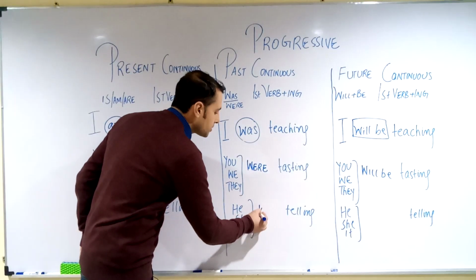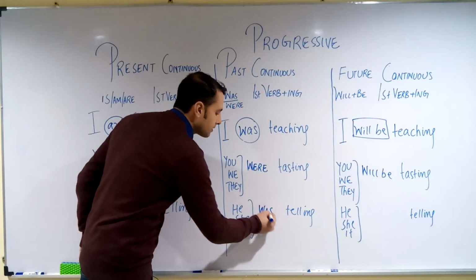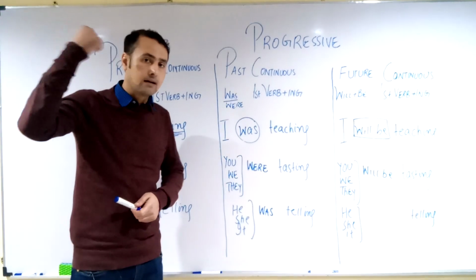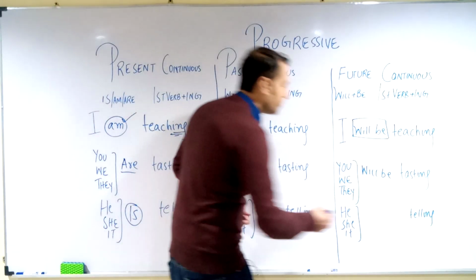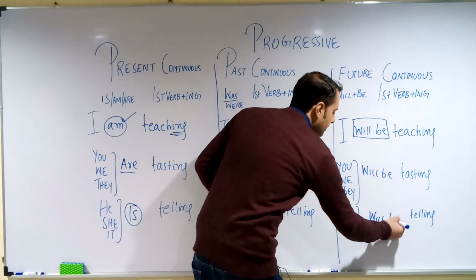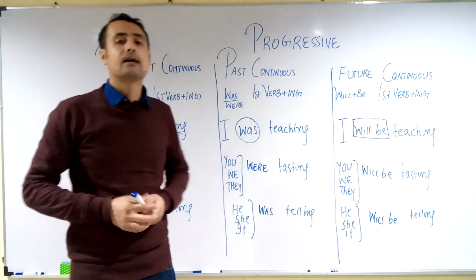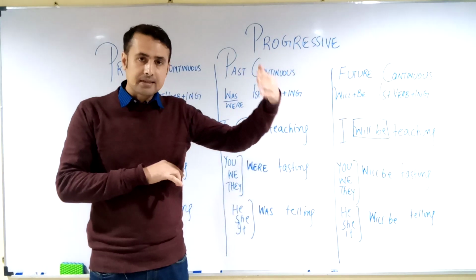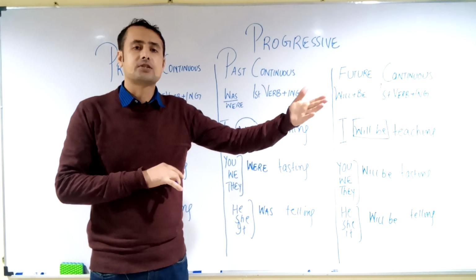If I want to change it into past, he was telling, वो बता रहा था. Now if I want to convert this into future, he will be telling, वो बता रहा होगा. Predicting something about upcoming time.